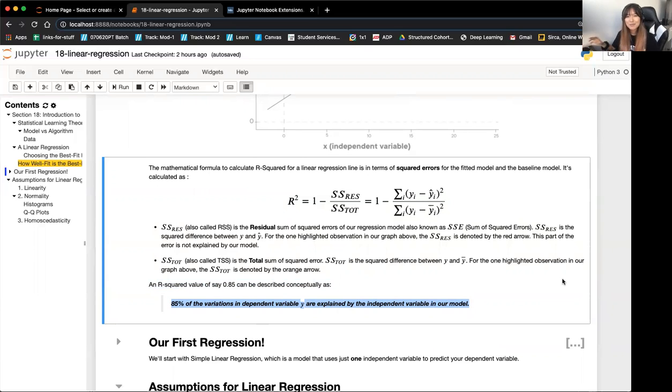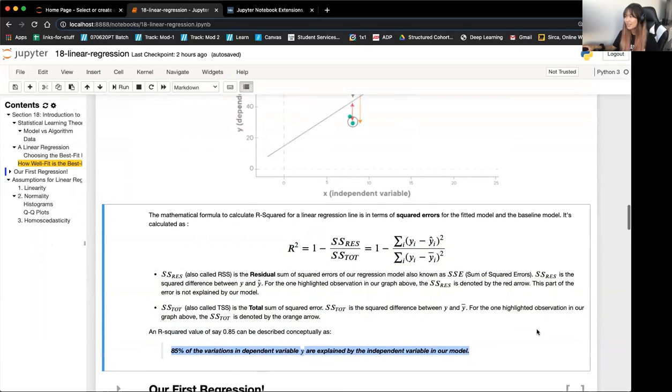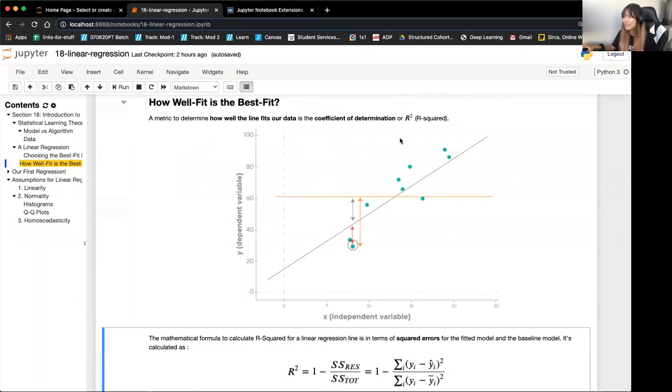Does that sentence make sense? It's saying that, let's just talk about this data, having this line here explains 85% of the deviations of our points. That's kind of what it means.